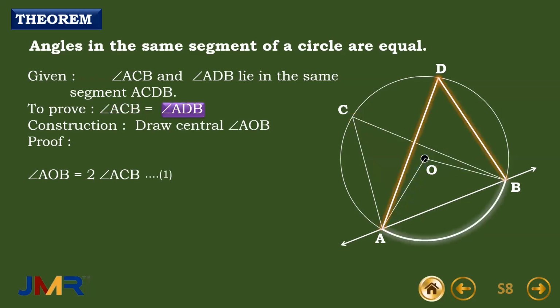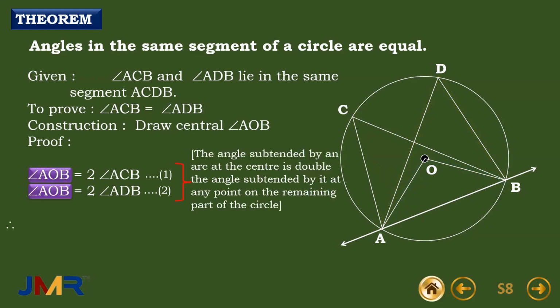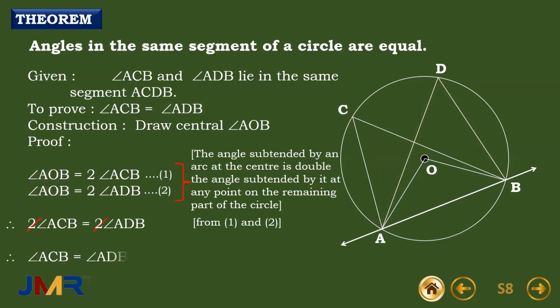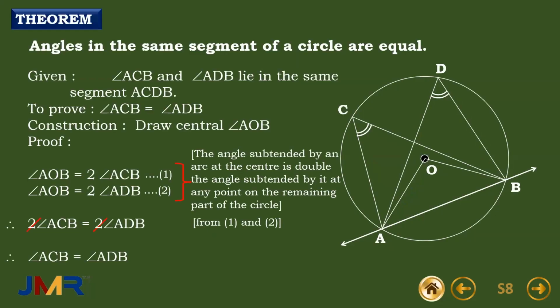Similarly, angle AOB is also twice angle ADB. Therefore, by equating the RHS sides, 2 gets cancelled. Angle ACB is equal to angle ADB. That means angles in the same segment of a circle are equal.